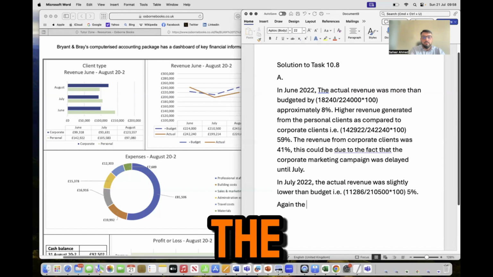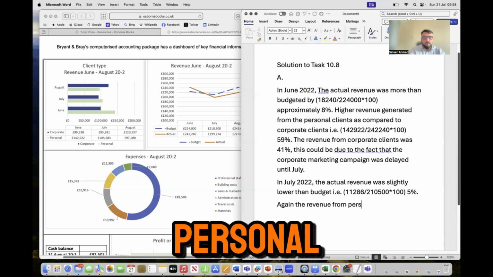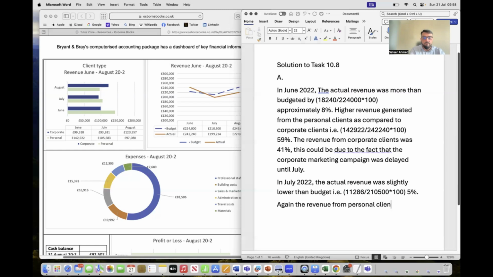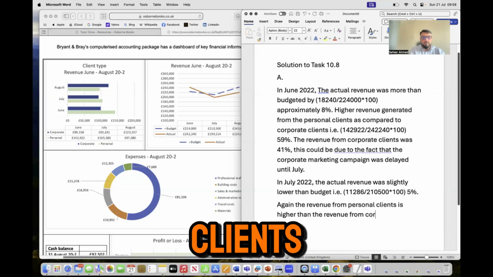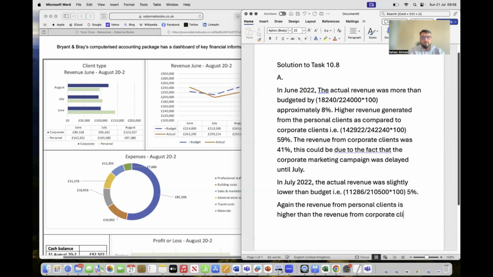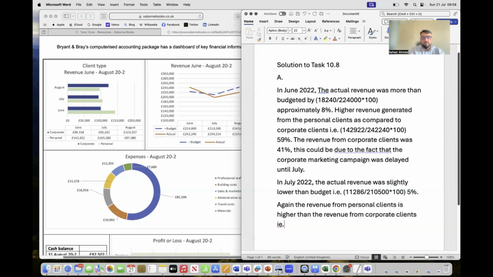So again, the revenue from personal clients is higher than the revenue from corporate clients. And you can calculate percentages again.